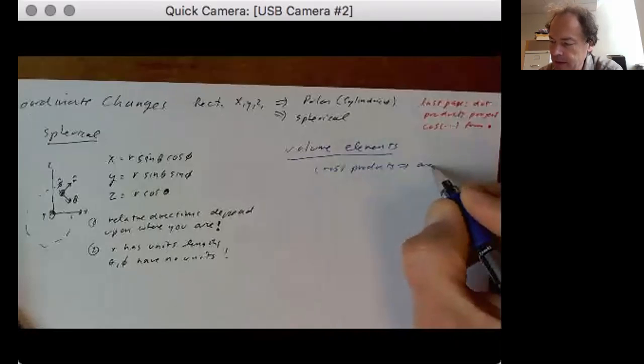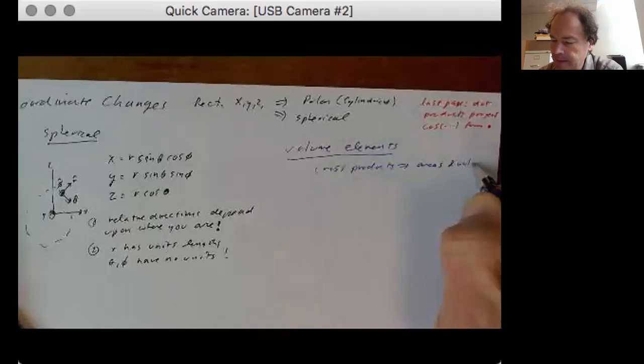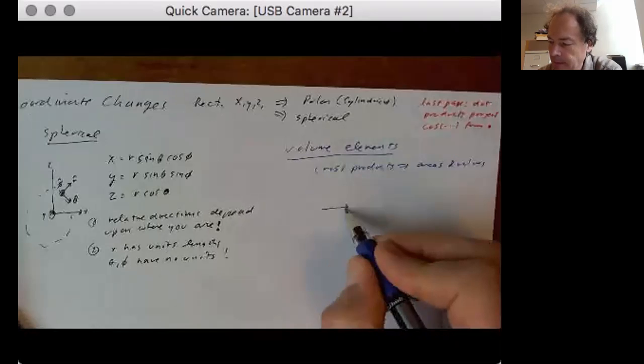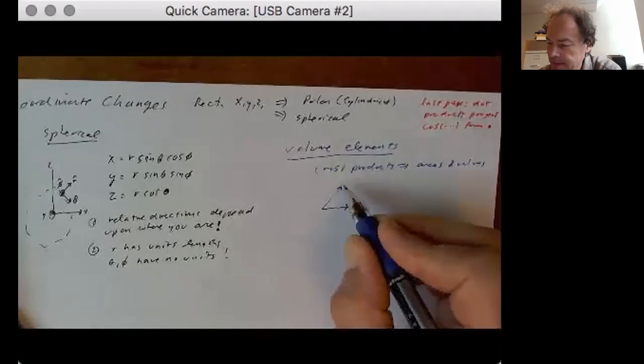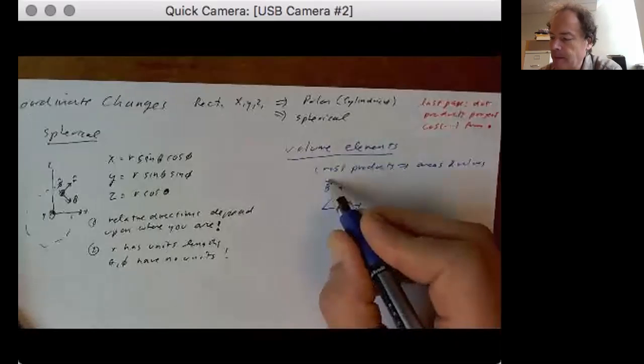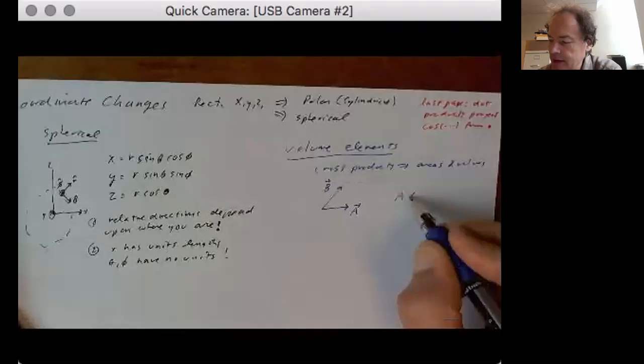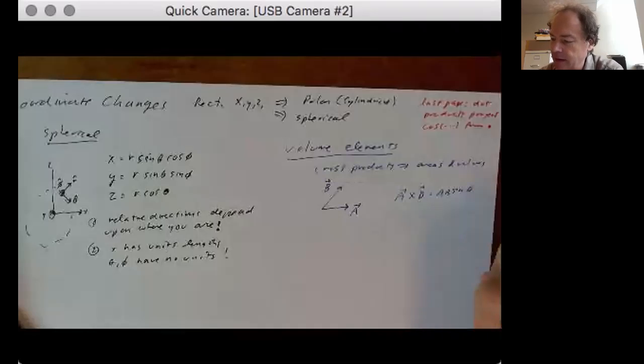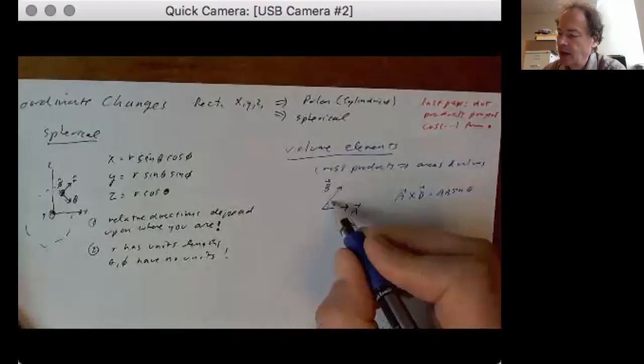Areas and volumes. So if I take a vector A and a vector B, and I take A cross B, which is A B sine theta, where theta is the angle between them, what is that equal to?